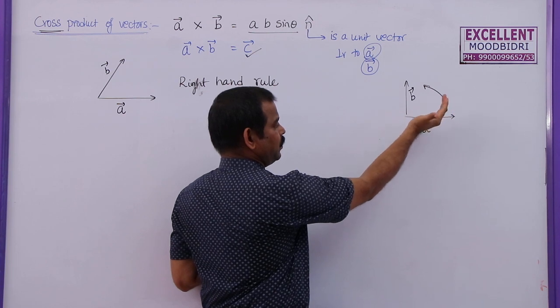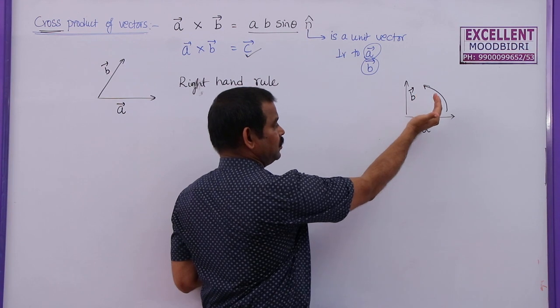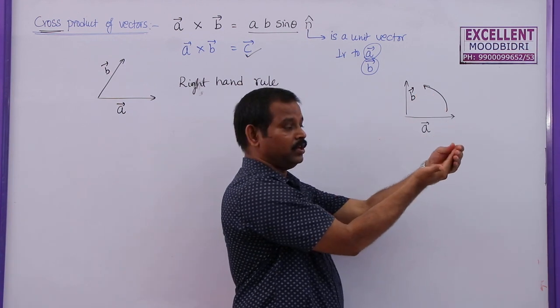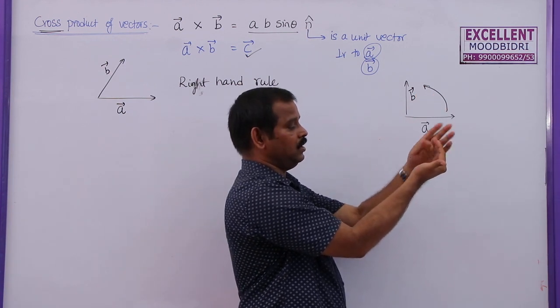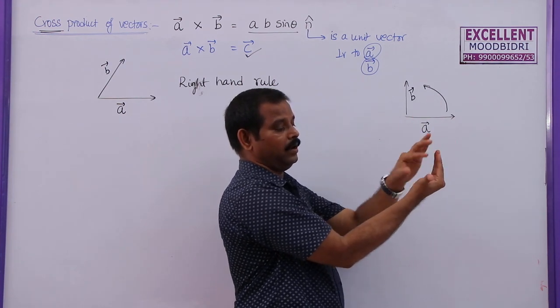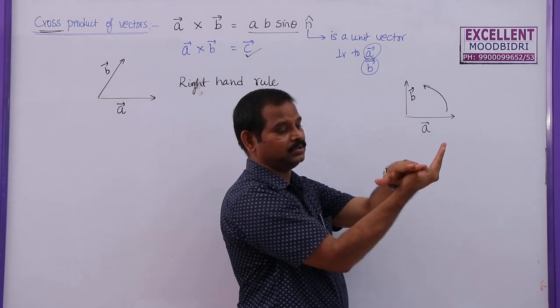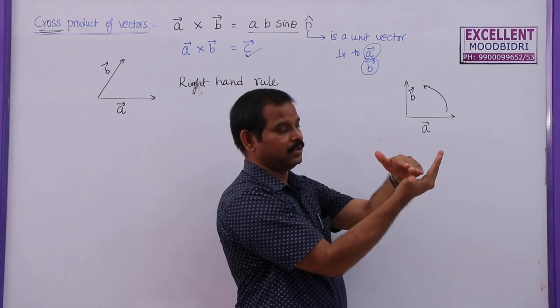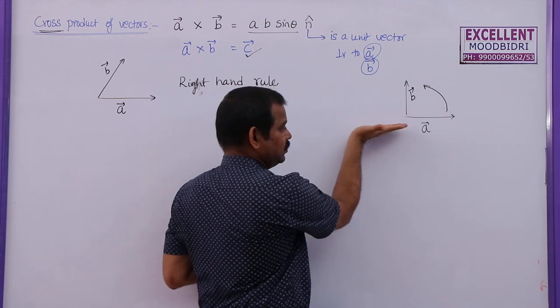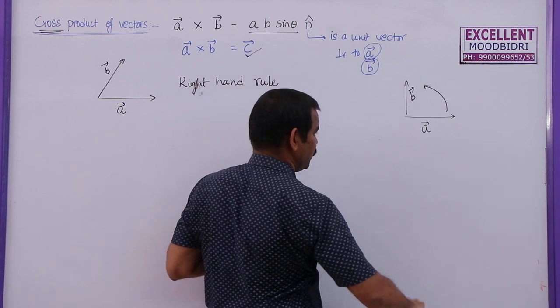So if you curl your fingers like this, that means this finger should indicate the direction of the B bar here. So this is A and this is B. And if you keep your thumb perpendicular to your palm, C bar is the direction of the thumb. So here this is A bar, this is B bar, and this will be the C bar vector.